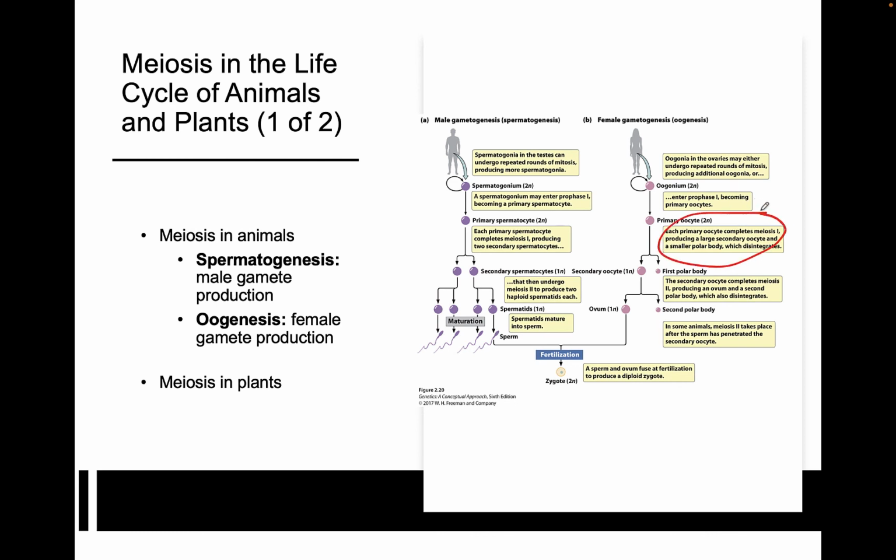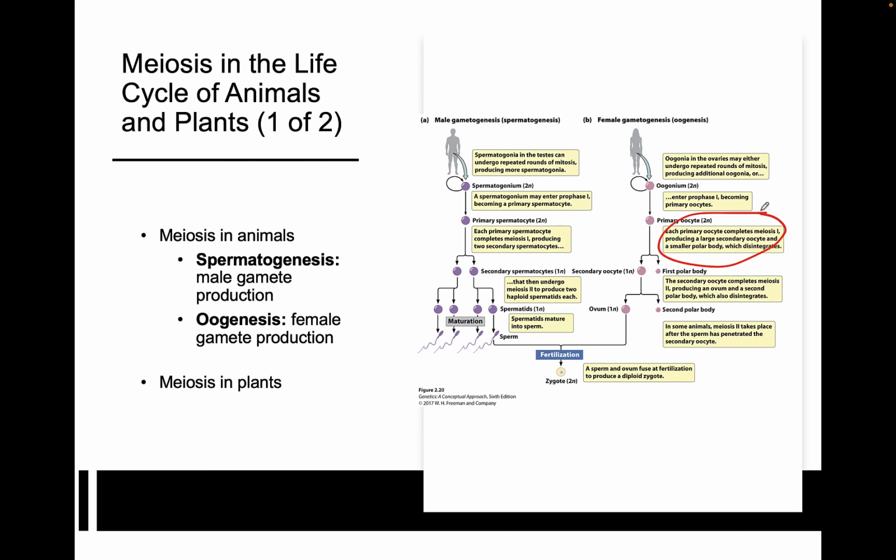At the end of meiosis I, you'll have two cells. One is the primary oocyte. One is what we call the polar body. So you have unequal distribution of the cytoplasm, to where the polar body is going to eventually disintegrate because it is not a viable cell. The oocyte will go through the second round of meiosis, and at the end you're going to produce one ovum and 3 polar bodies.